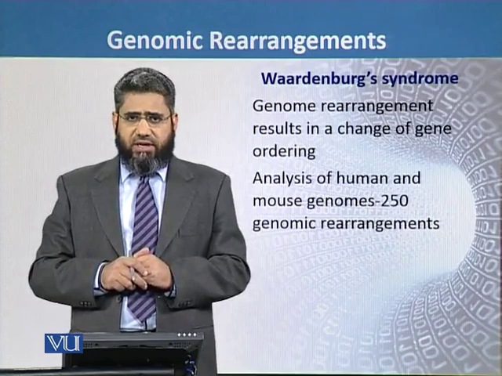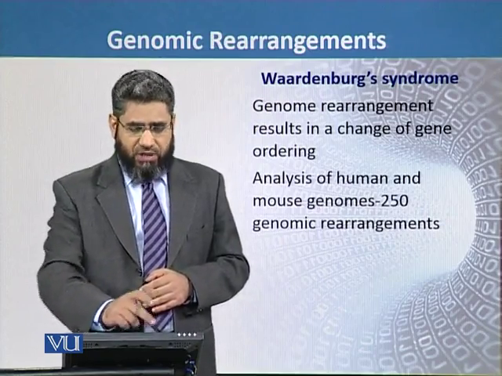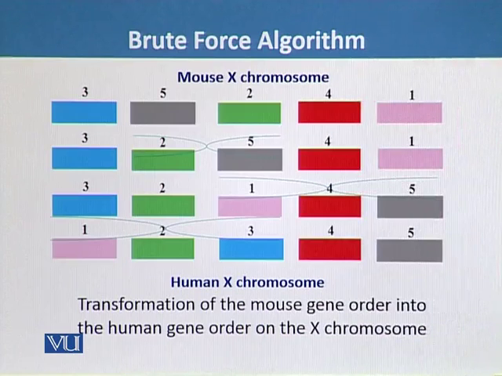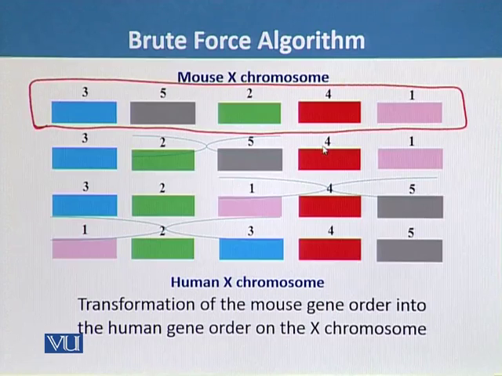And we can say that this rearrangement can result in the loss of the genomic structure. We can see an example here. Assume these are different large pieces within the mouse genome.